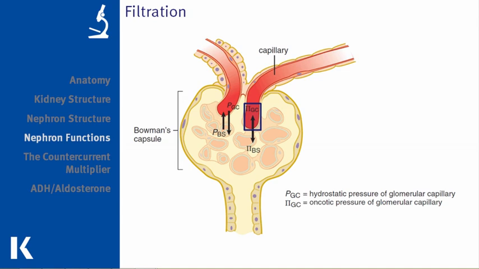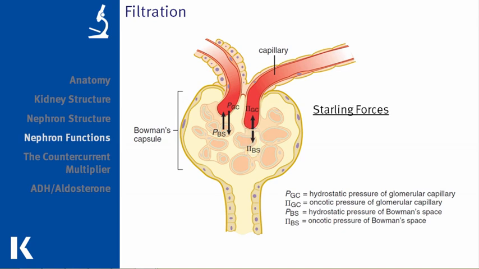It even uses the same variable, pi. Now, on the other end, we have a hydrostatic pressure inside the Bowman space, or Bowman's capsule, which is also balanced out by an oncotic pressure. Now, when we put all these together, we call this the Starling equation. So these are Starling's forces.